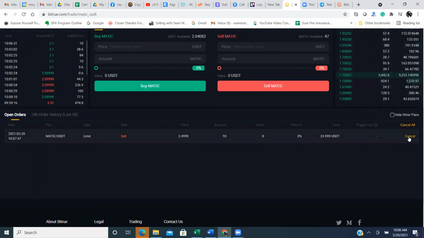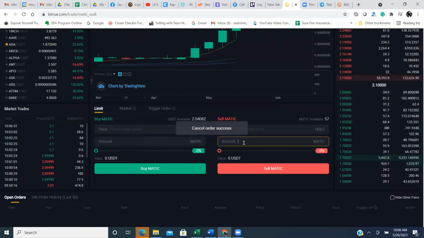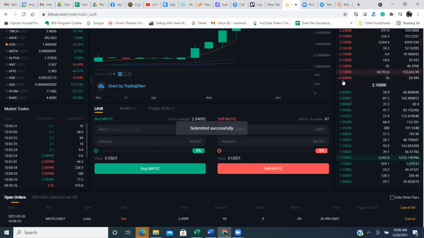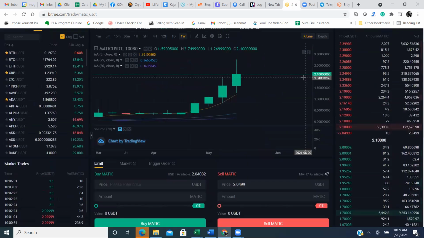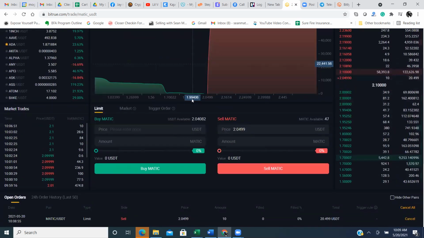Oh, I put 2.49, shit. I'm at 2.049. Sorry. 2.0499. So there's my order. And then we'll see if this guy bites on it. That'll tell us whether the buyers are willing to move or not, or if the sellers are going to have to come down.